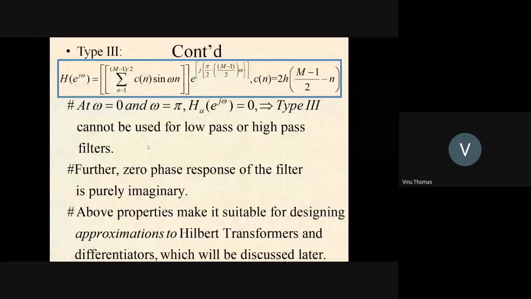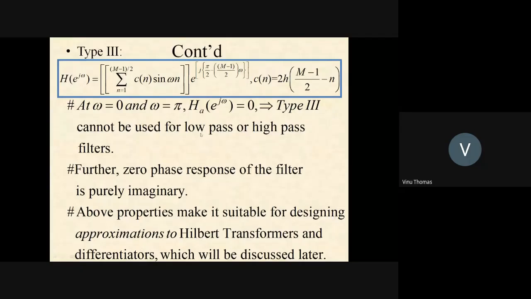Whereas the type 3 filters have 0 frequency response at omega equal to 0 and pi, making them ineligible for designing low pass or high pass filters. So they can be used only to design band pass filters.